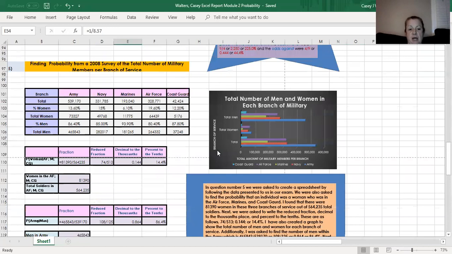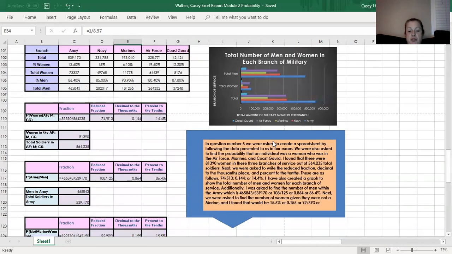And then from these tabled answers, I was able to use Excel's handy dandy tools and make some graphs over here that made it a lot easier to understand.